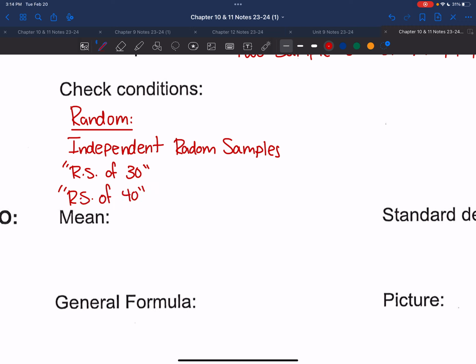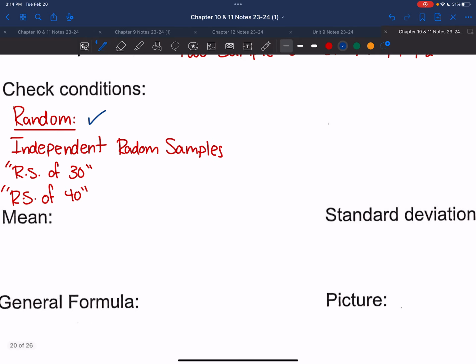Okay, so random is good. Next one, 10% rule.